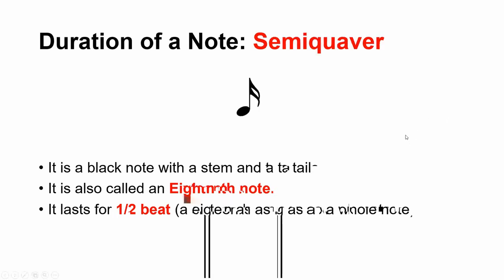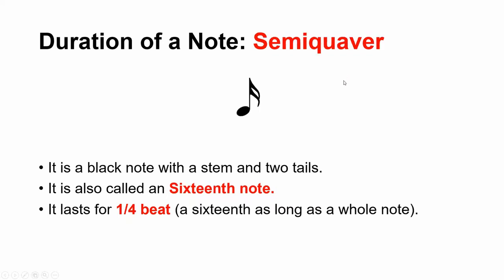All right. So the next note we are going to look at is the semi-quaver. Okay. So the semi-quaver is a black note with a stem and 2 tails or 2 flags.